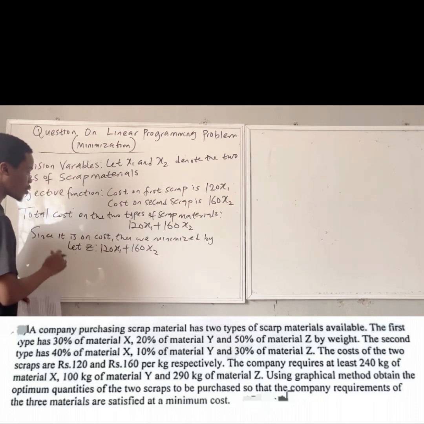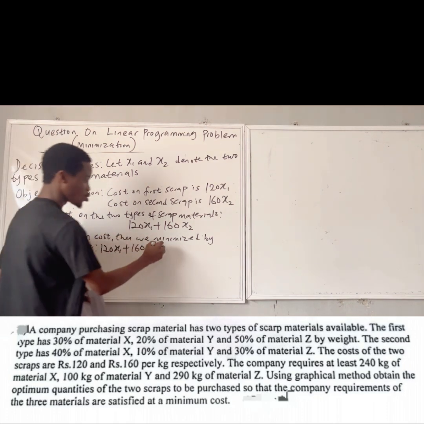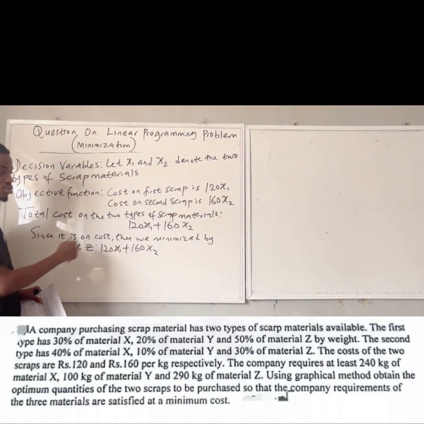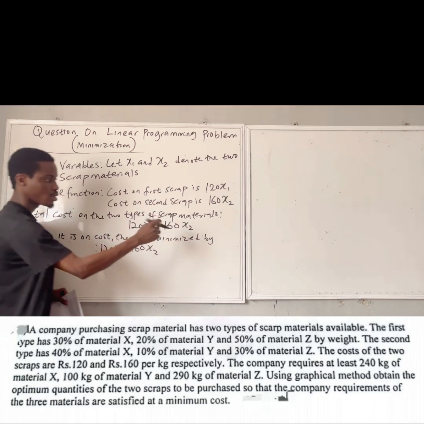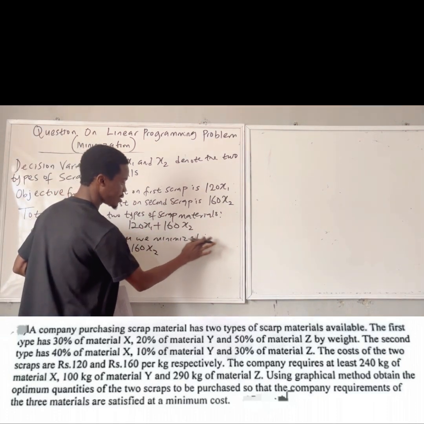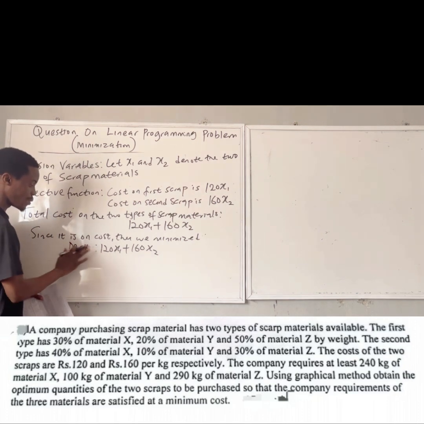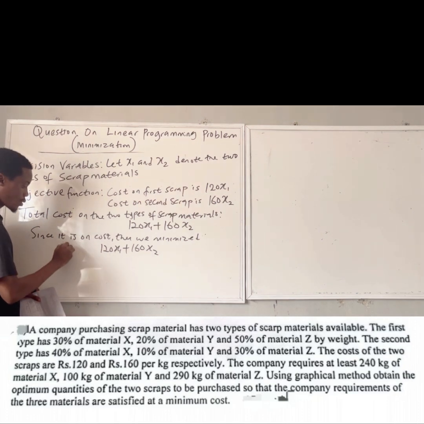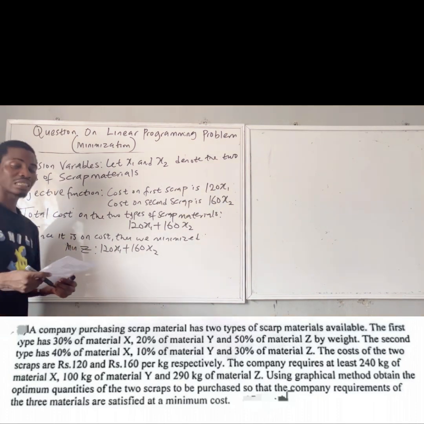So we minimize the cost, that is, minimize z = 120x1 + 160x2.